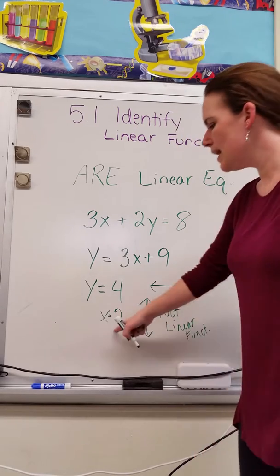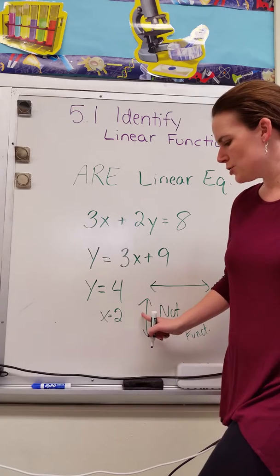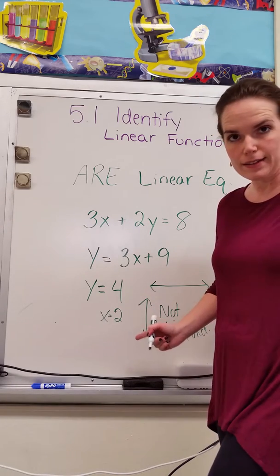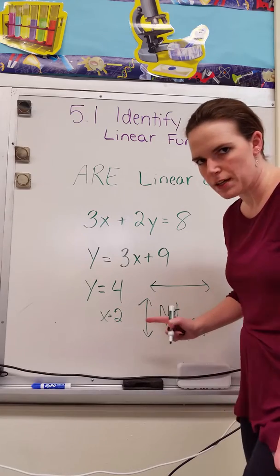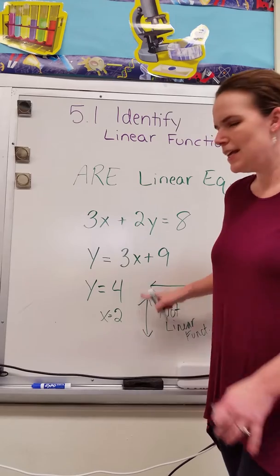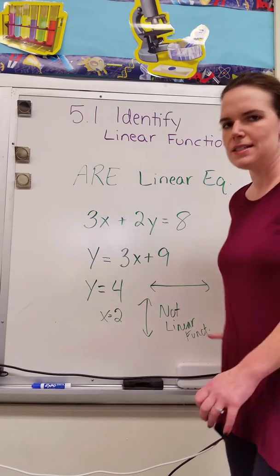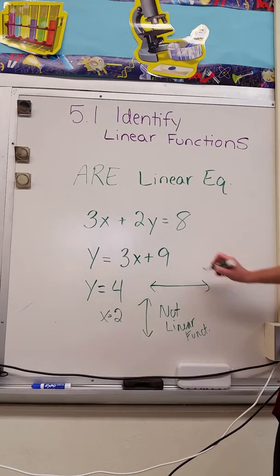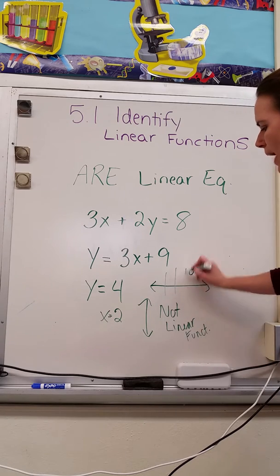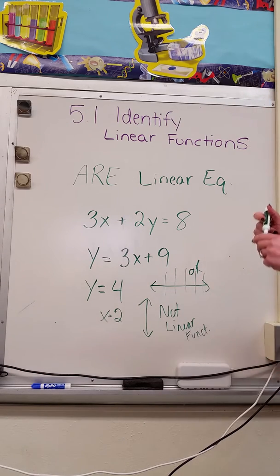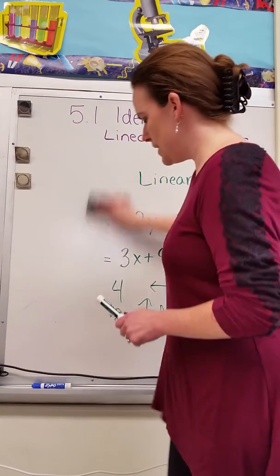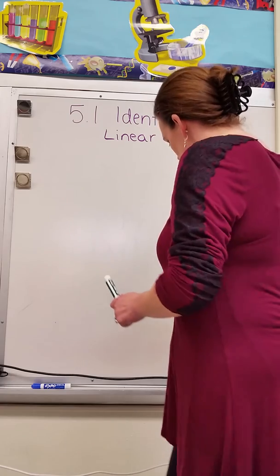And again, it's not a linear function because it's this special case where you have that vertical line that, yes, it's a line, but it's not a function. And this is the only example that you would have that is a line, but isn't a function. This one is okay, because this not only is a line, it also passes that vertical line test. And that is it for section 5.1.